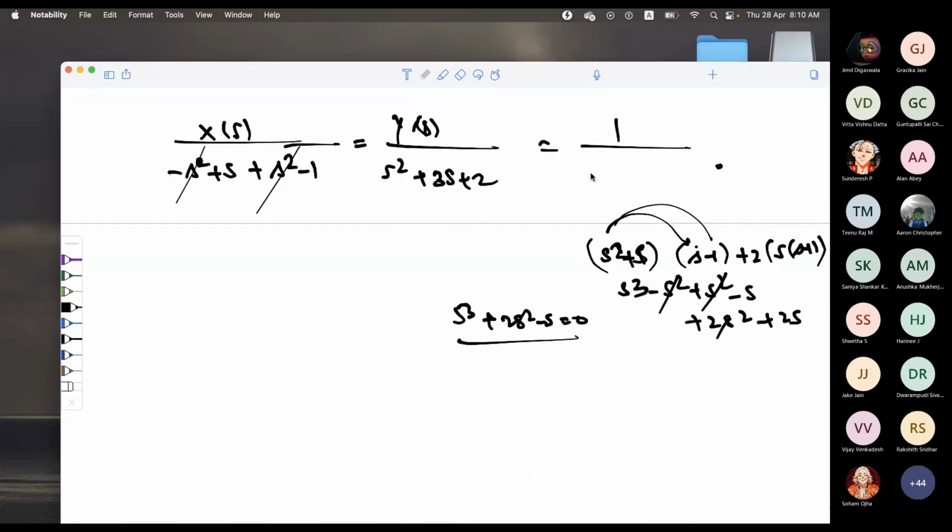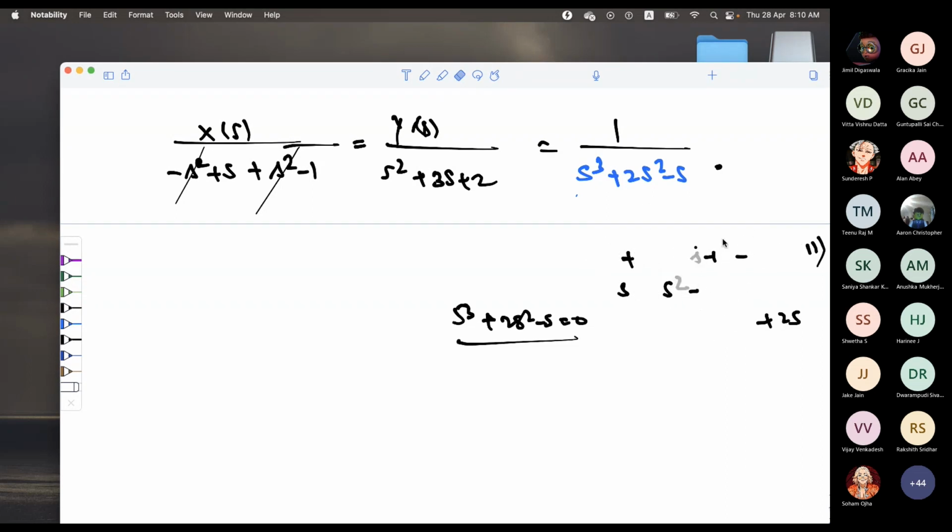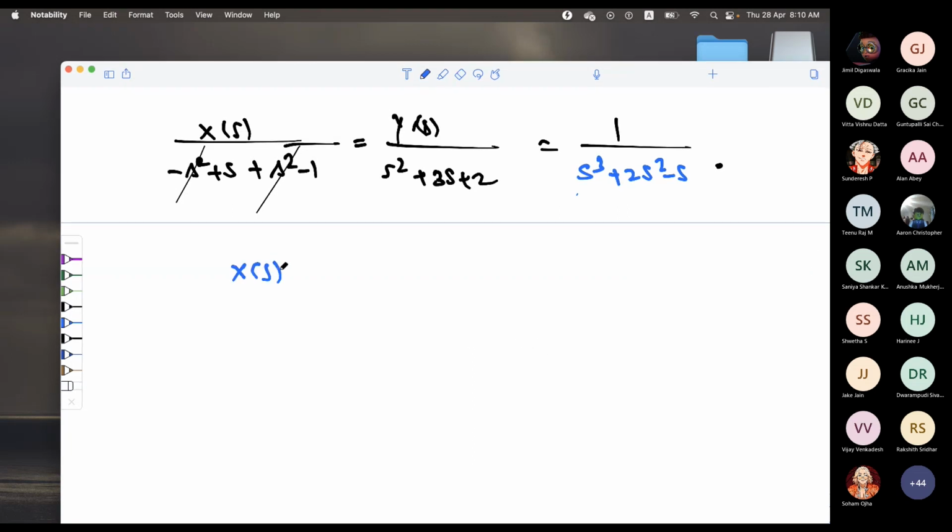Here it is s cube plus 2s square minus s, right? Up to this is correct. Now, if we want to compute x of s, it is nothing but s minus 1 divided by s cube plus 2s square minus s.